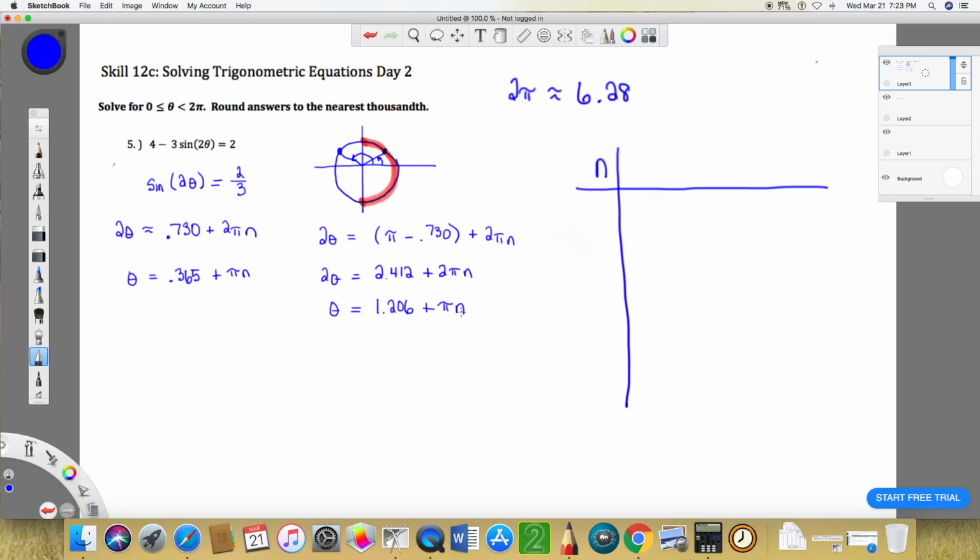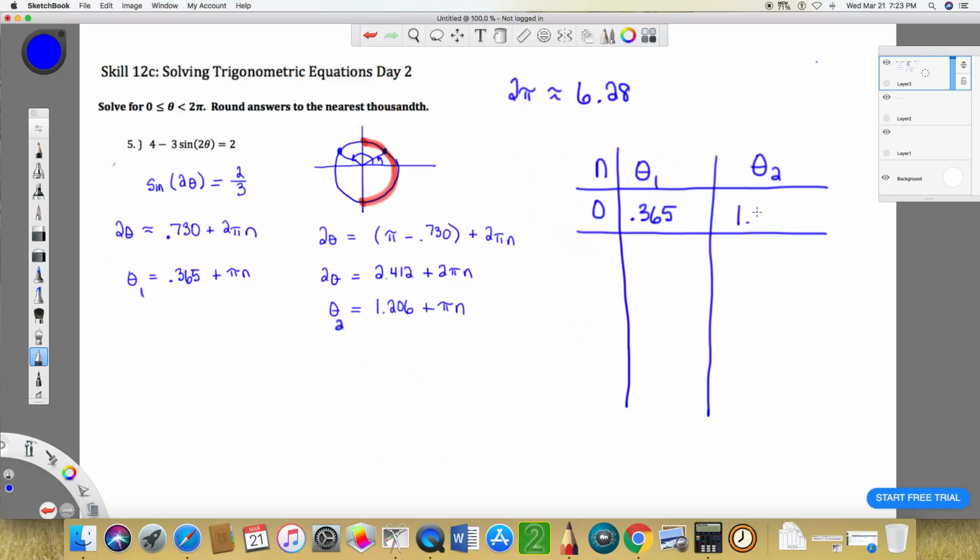If we let n be -1, then we're going to be less than 0, and we don't want that, so we're going to start out at 0. Our variable this time, they're using this Greek letter theta. We'll let theta 1 be the first equation and theta 2 be the second equation. So if we let n equal 0, we're saying that 0.365 is an approximate solution to this equation, and that solution is between 0 and 2 pi.